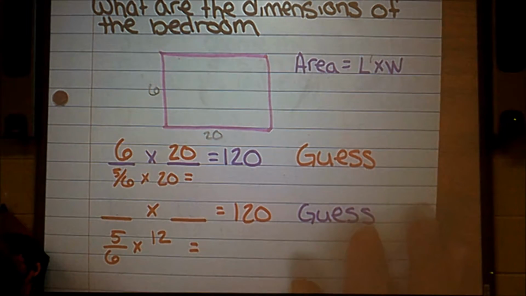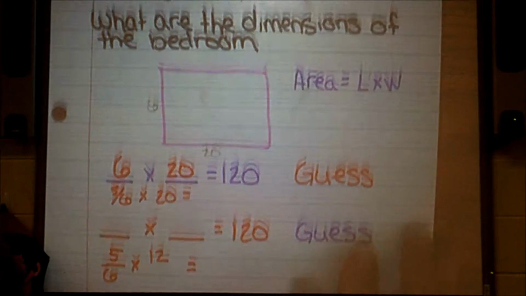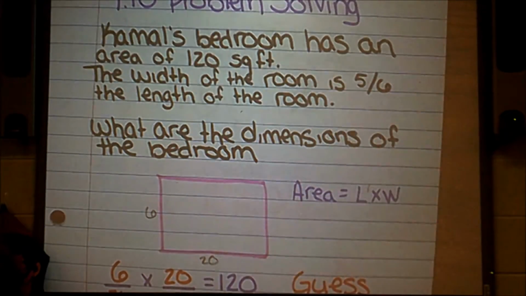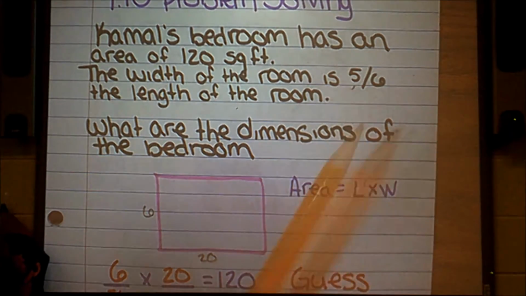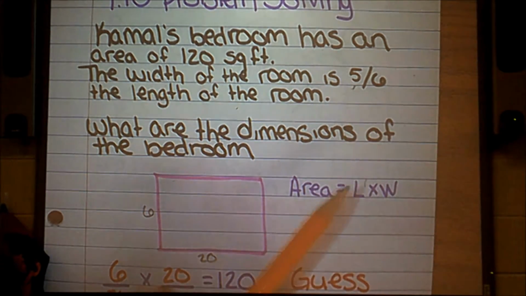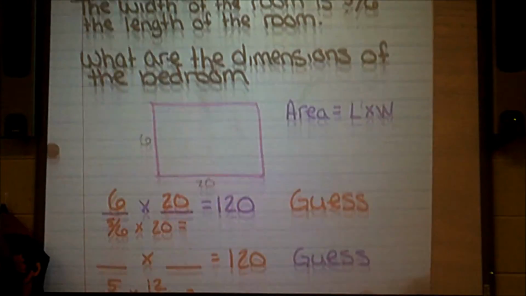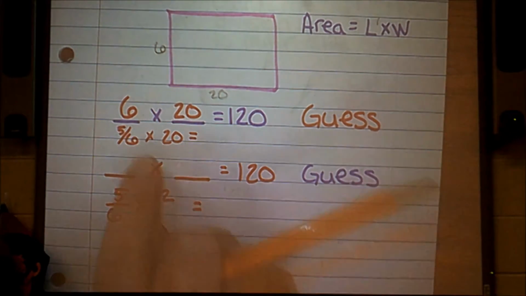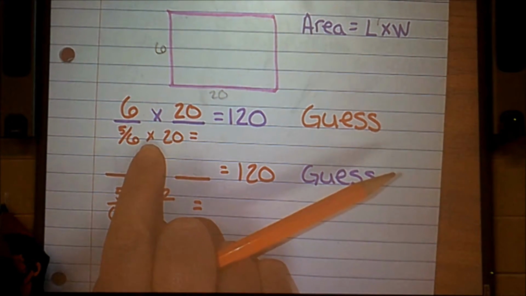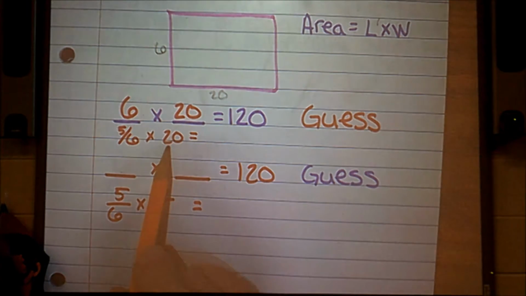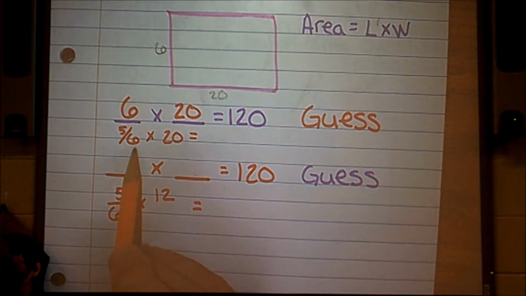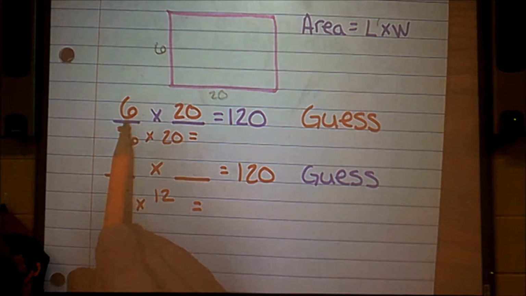But I have to make sure, like my problem says, that my width is 5/6 of the length of the room. Now we should know that of means multiply. So I can take my length and I can multiply it by 5/6 and it should give me the width if I'm right.